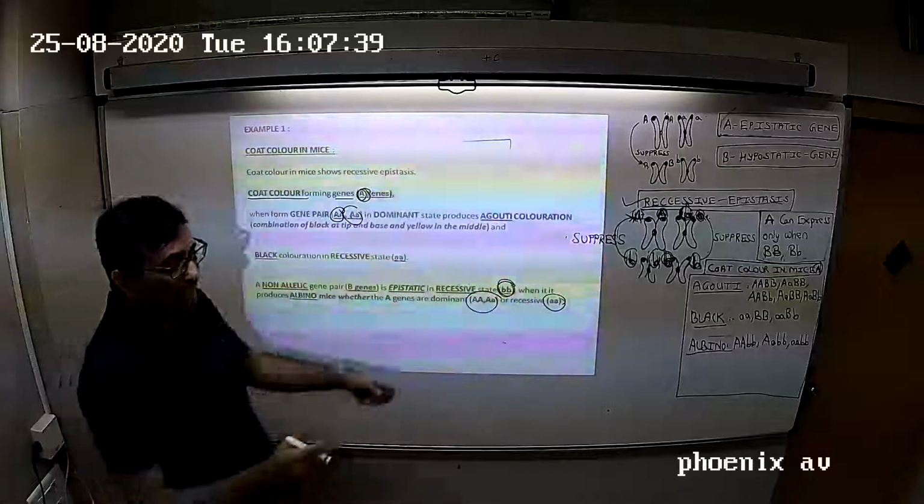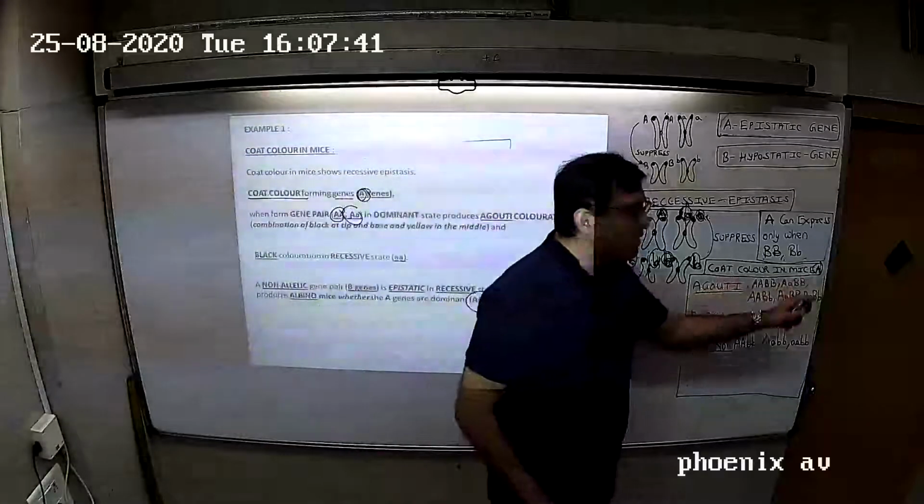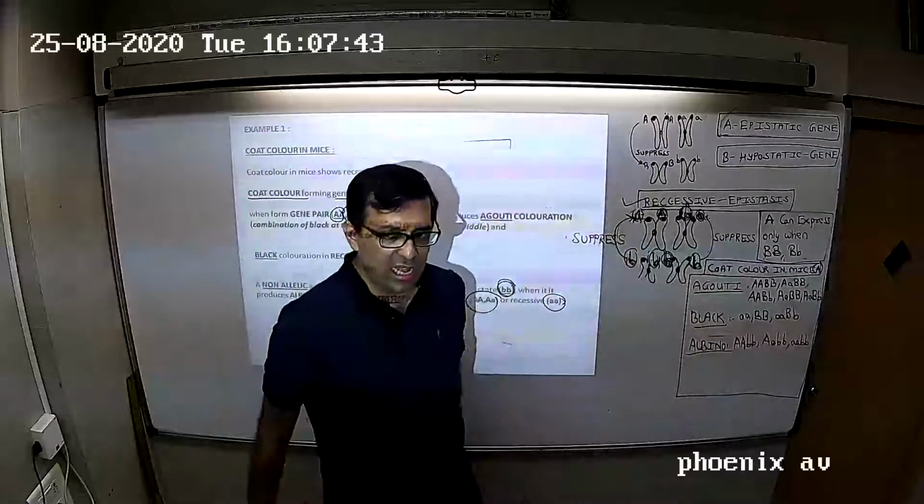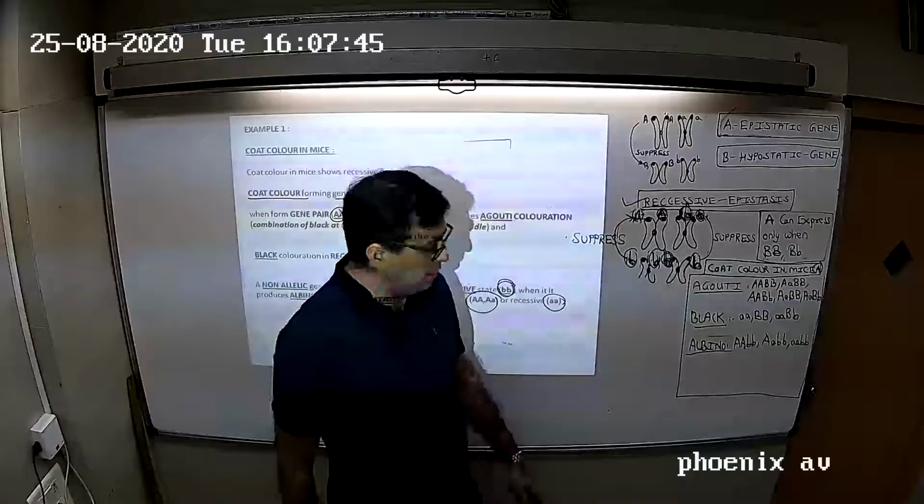Then, what are the different coat colors in mice? Now that we've understood this, which are the coat colors?